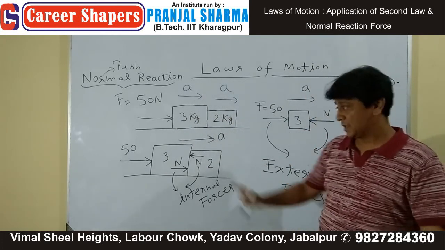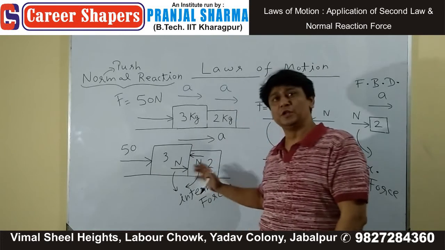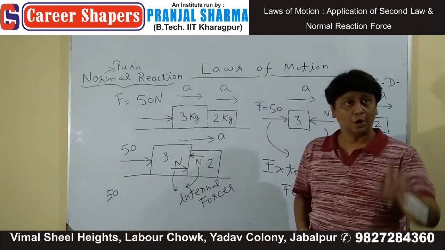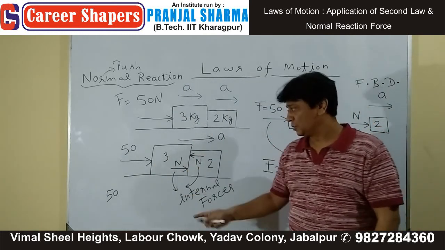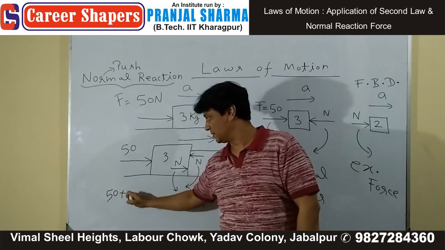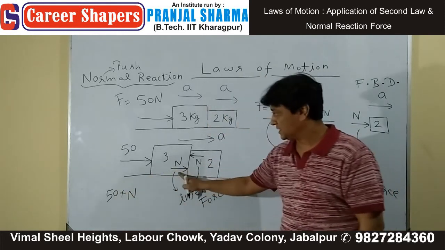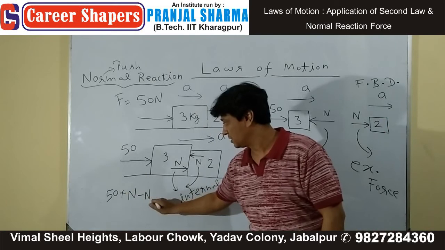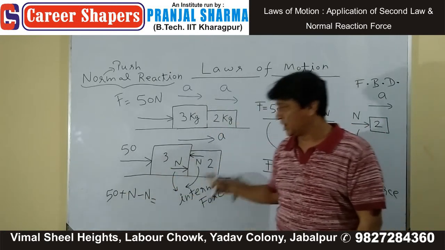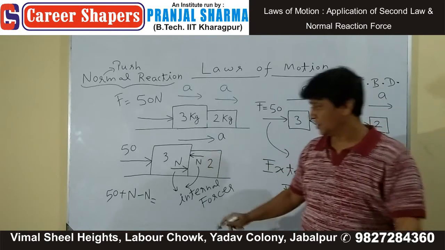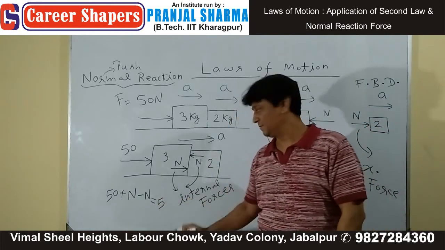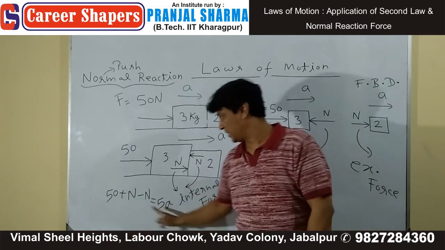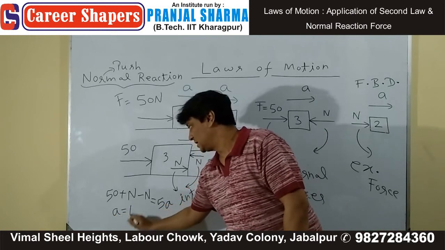A. यहां देखना, अगर आपसे बोला जाता कि भाई न्यूटन्स लॉ अप्लाई करो, तो आप क्या करते? आप बोलते 50 इधर लगा, और कौन है जो इधर लगा है? n. तो आप लिखते 50 प्लस n. 50 और इस n को कौन अपोज कर रहा है? द अदर n, माइनस n. ये जो पूरी बॉडी है, अगर इसको एक साथ देख रहे हो, तो इस पूरी बॉडी का मास कितना है? 5 मल्टीप्लाइड बाय a. n and n gone. 50 divided by 5 a, it gives you what?